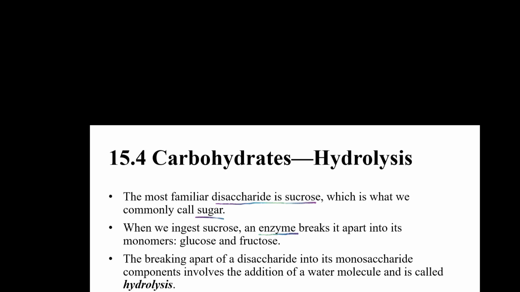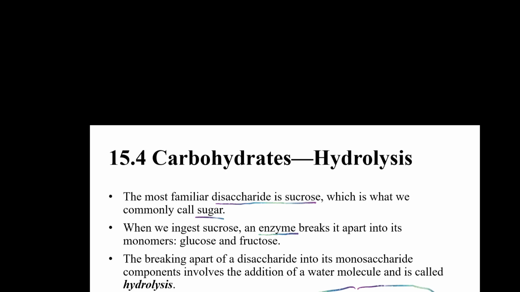In this case, we're not taking water away. We're going to add water to the disaccharide. So these two things were bonded together. We add water to them, and they break apart into their monosaccharides.